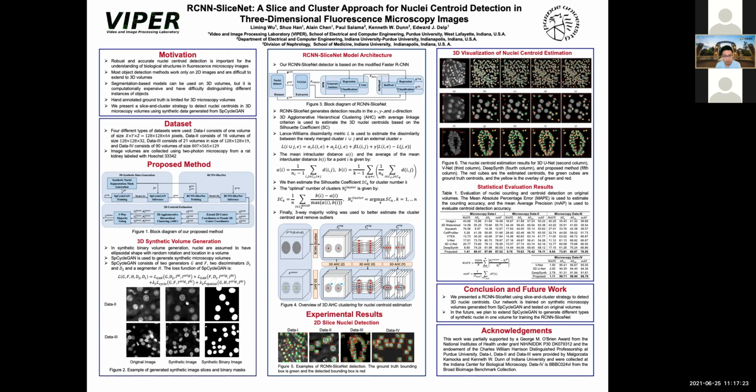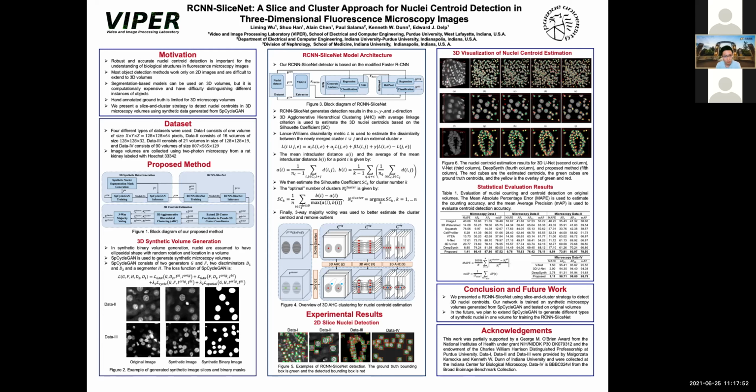Also, segmentation-based models, such as 3D UNet or VNet, can be used on 3D volumes, but they are generally more computationally expensive and have difficulty distinguishing different instances of objects. Because these methods are designed for semantic segmentation, post-processing steps are required to separate different objects.